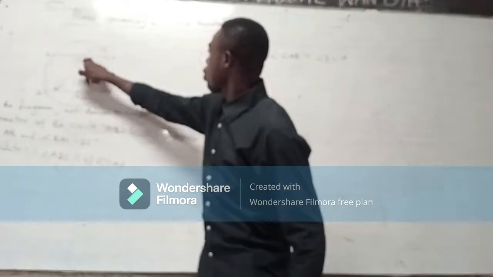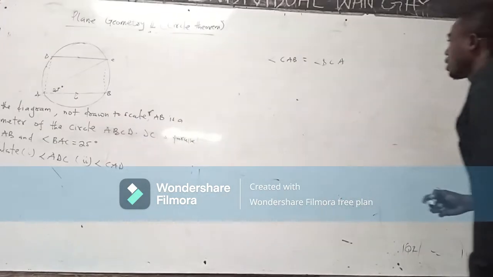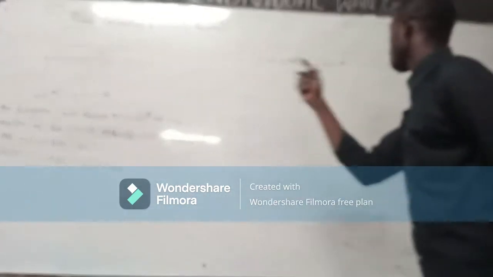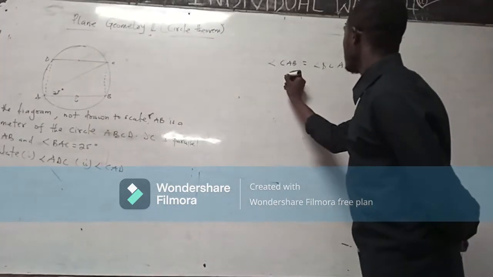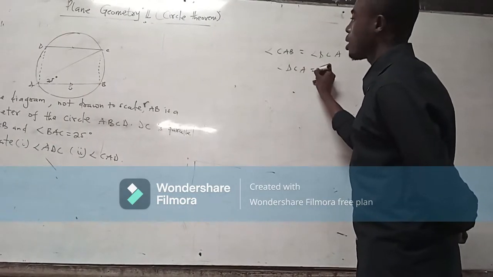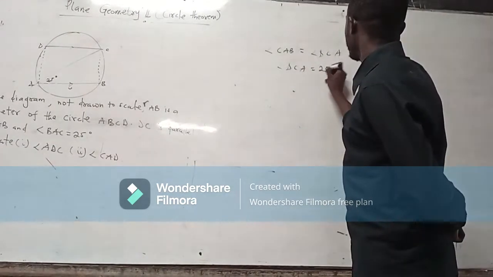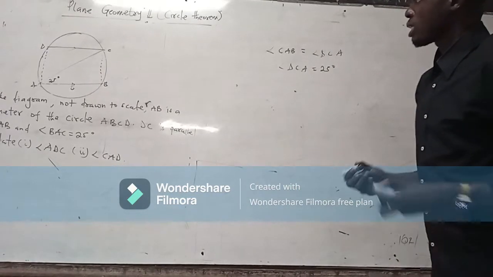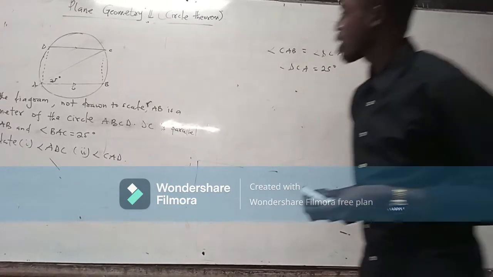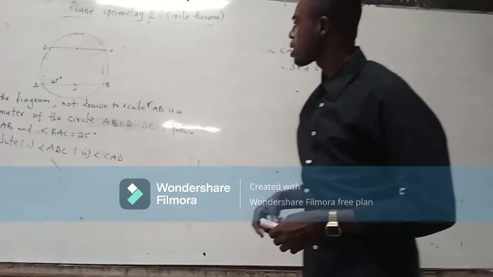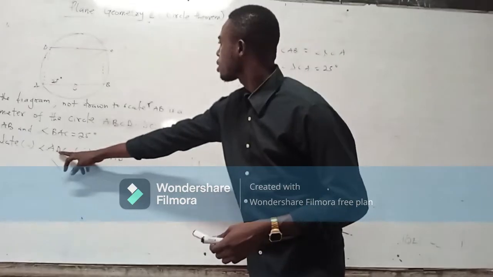Okay, it is alternate, as we said. Once we have a parallel and a transversal, it is alternate. It means that angle DCA is equal to 25 degrees. If we have that, we have this one to be 25. But that one, we still have things to do.